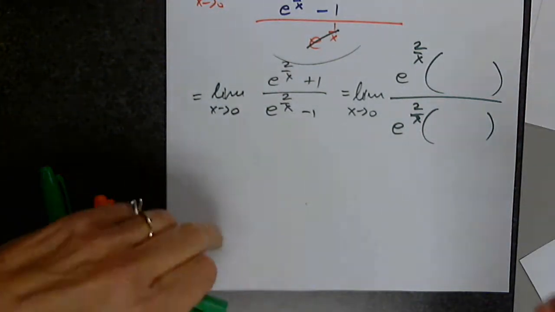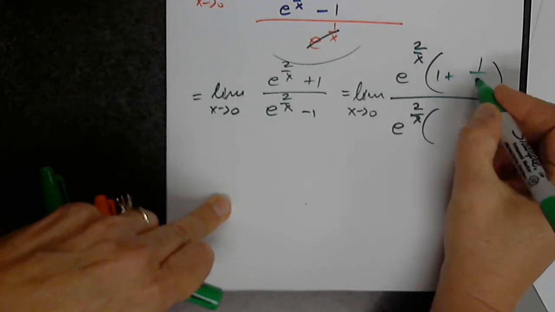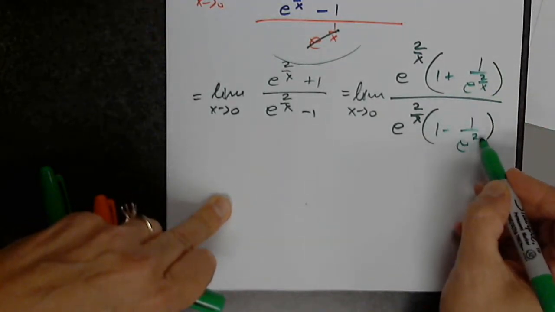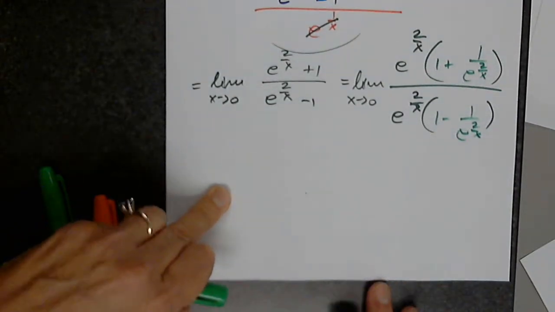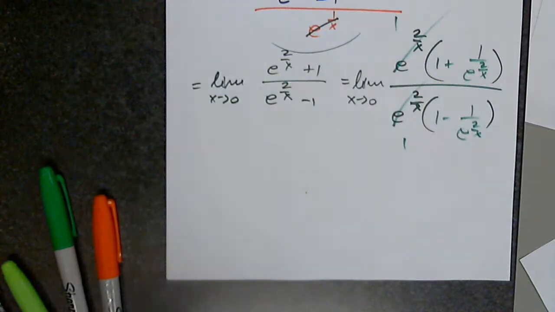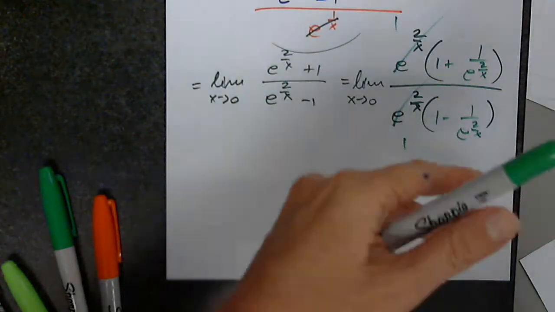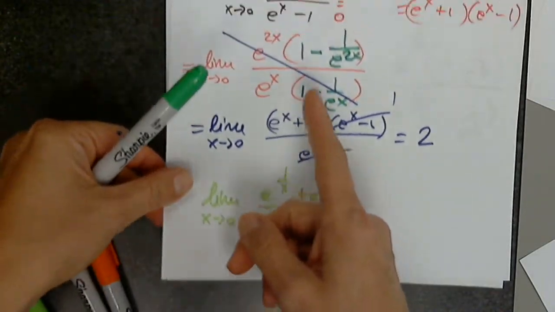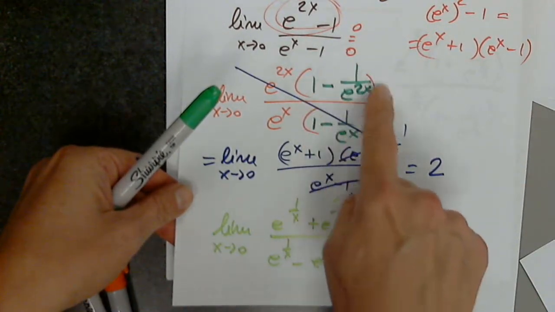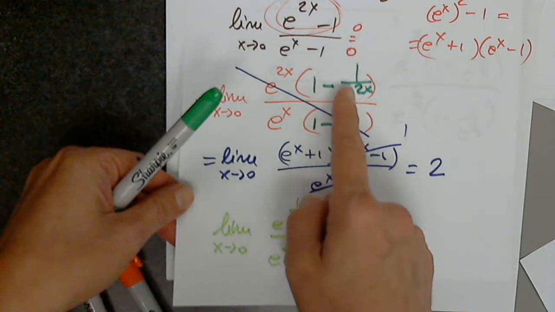Okay, so this is 1 plus 1 over e to 2 over x, and this is 1 minus 1 over e to 2 over x. Yes, this situation is different than the previous one, in which here, when x approaches 0, this is 1 over 1, and that's how I got in trouble, because this is still 0.